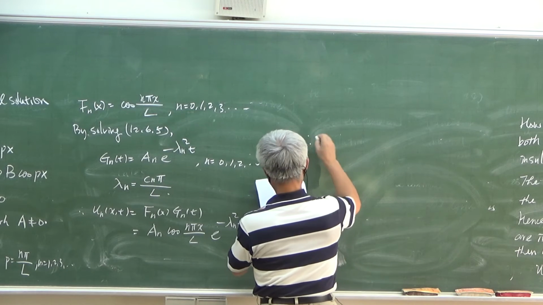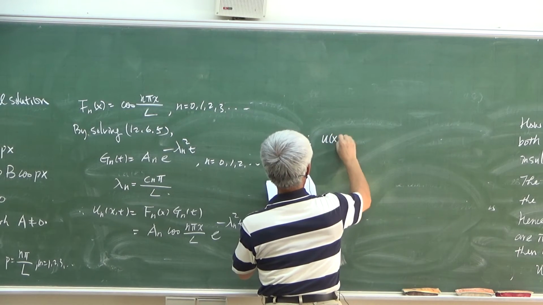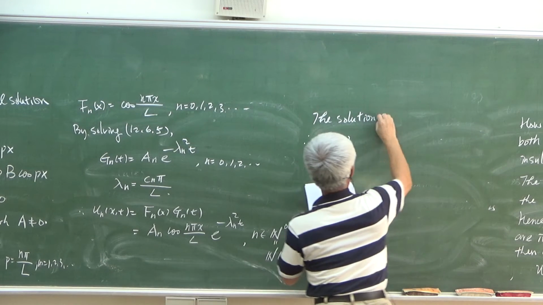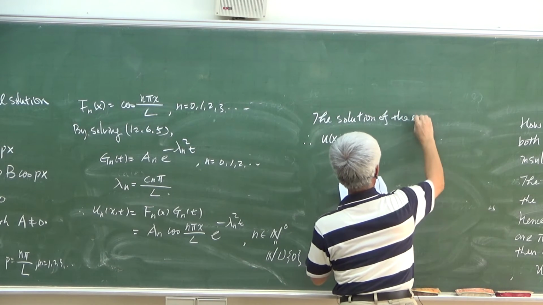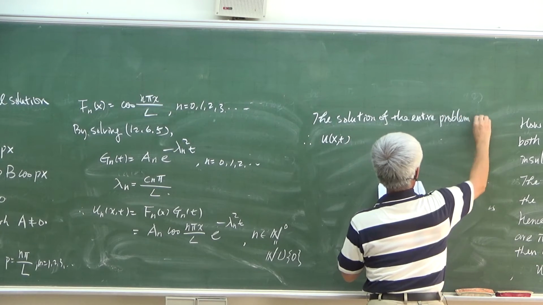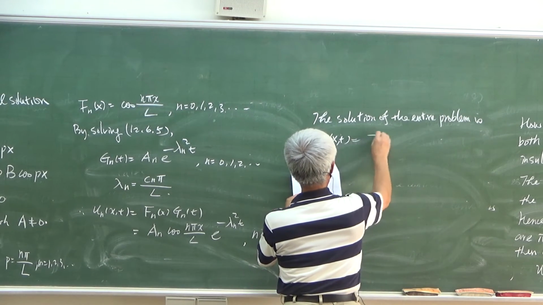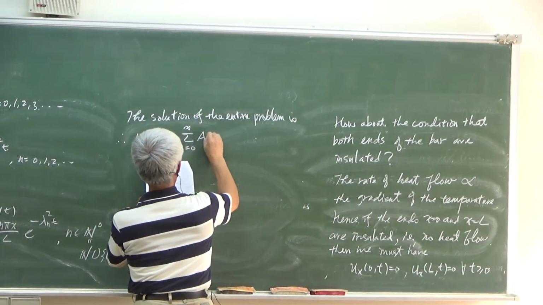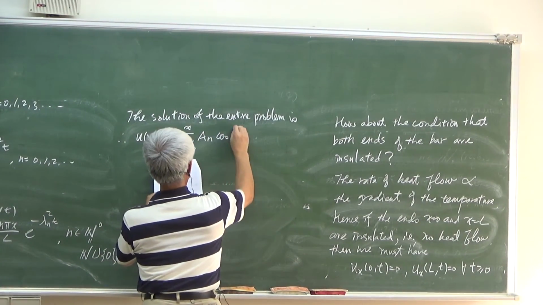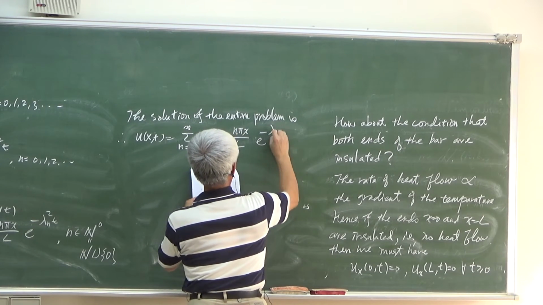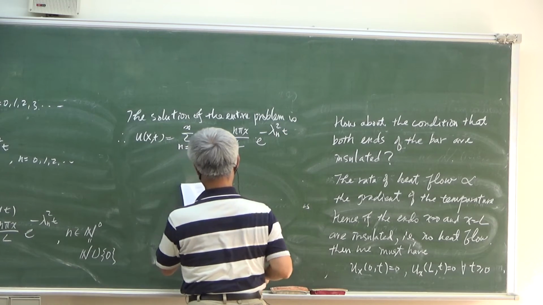Okay, and so the solution of the entire problem is u of x,t equals the sum from n equals 0 to infinity of A_n cosine n pi x divided by L e to the minus lambda_n squared t.